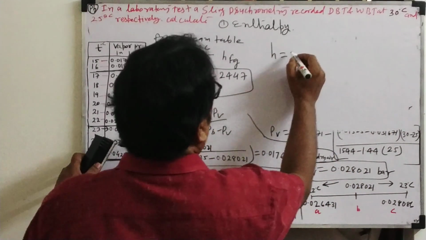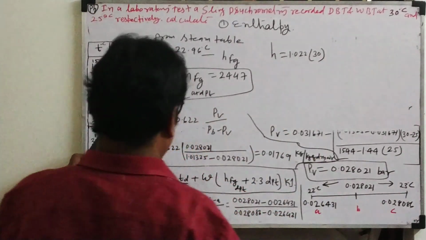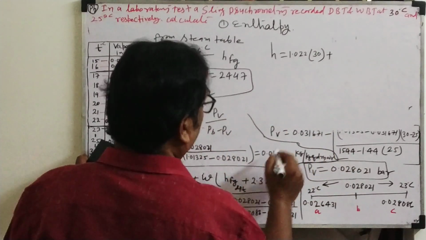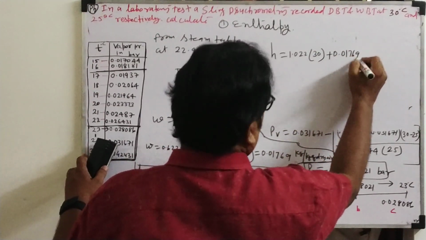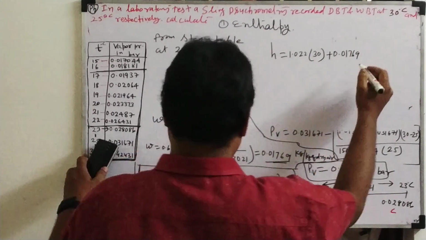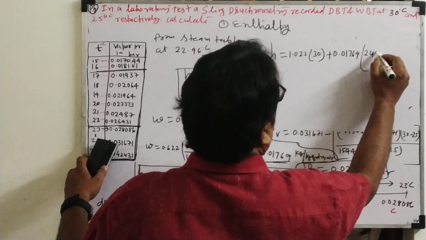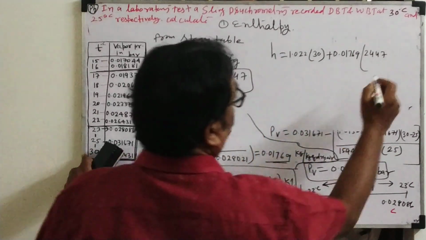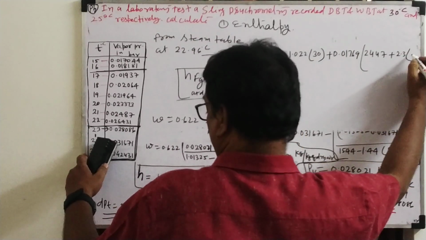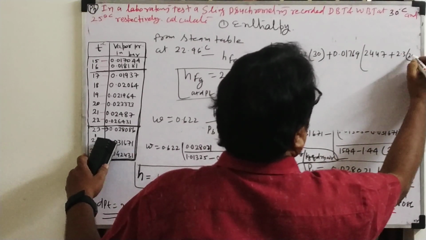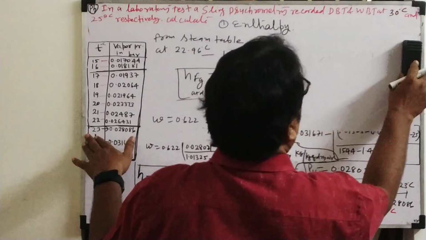H is equal to 1.022 times the TD value of 30 degrees Celsius, plus the specific humidity 0.01769, times HFG, 2447 plus 2.3 times the DPT value of 23 degrees.